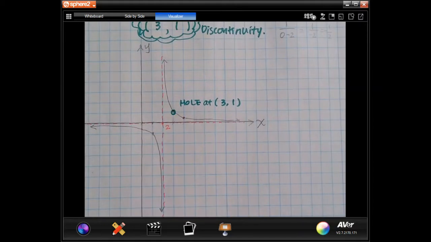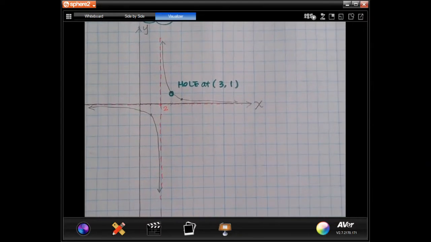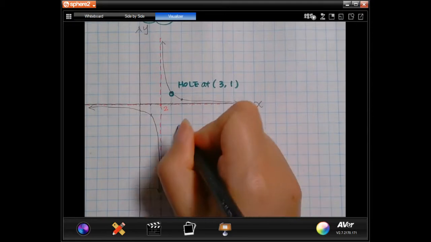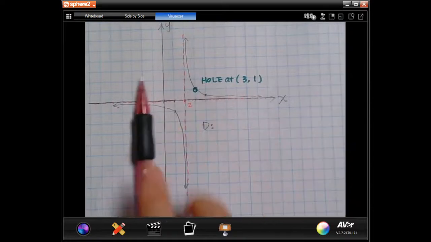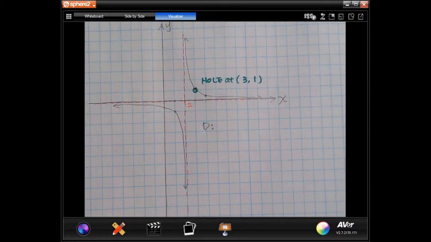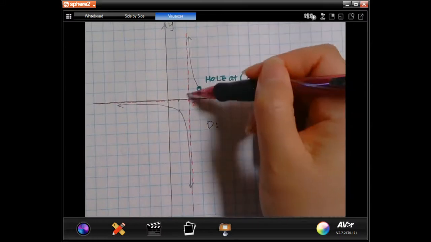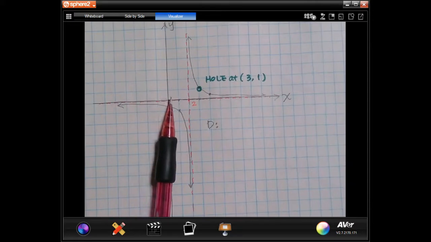Then with this, let's do the domain and range here. The domain for this graph will be from far left, getting closer towards 2. So it's going continuously all the way up to 2.